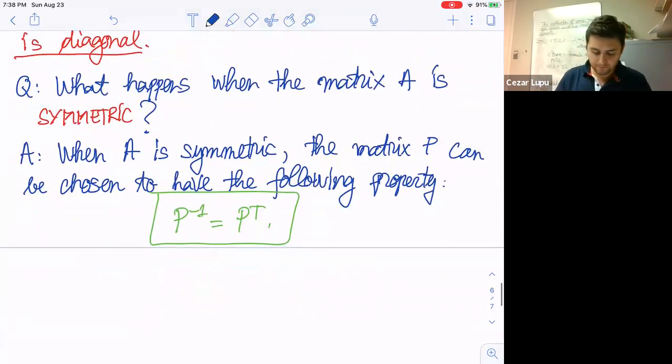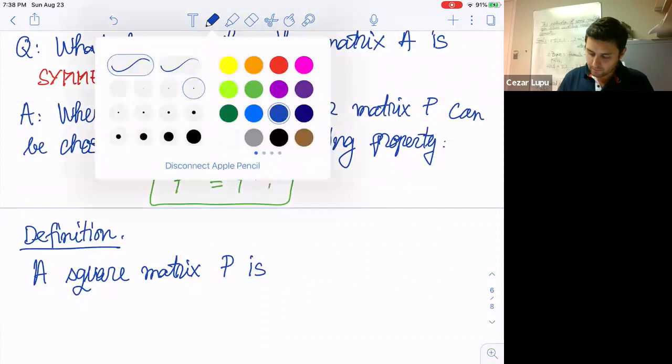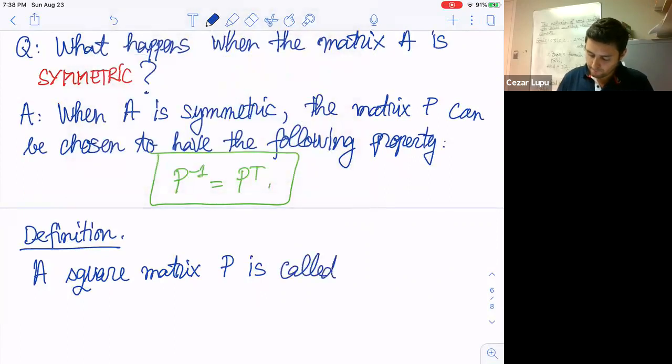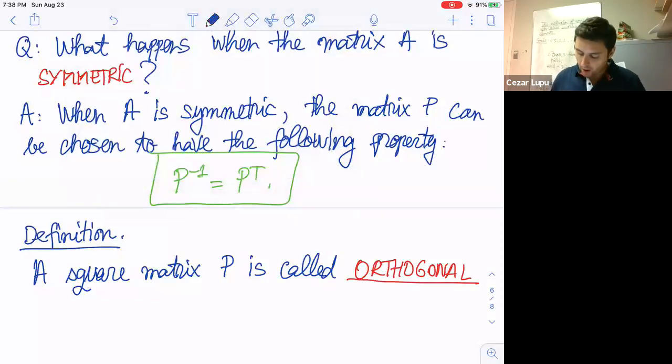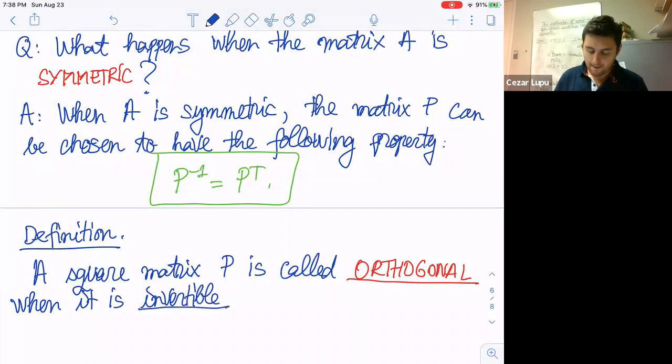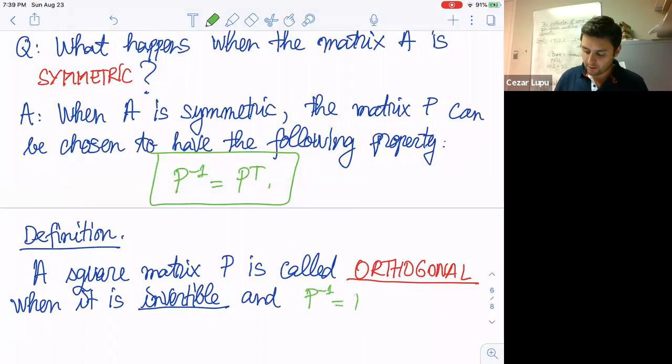And let's write the definition. A square matrix P is called orthogonal when it is invertible and we have this relation above: P inverse is nothing else than P transpose.